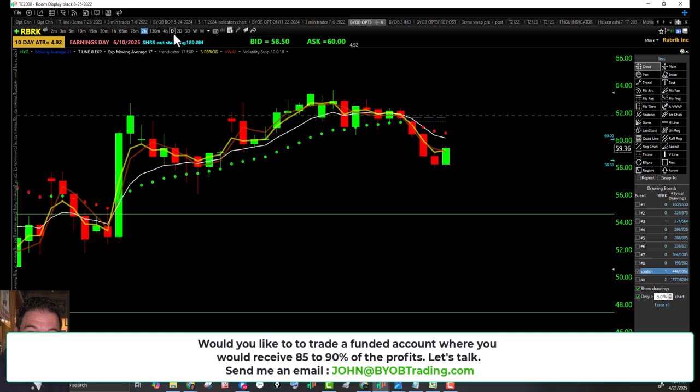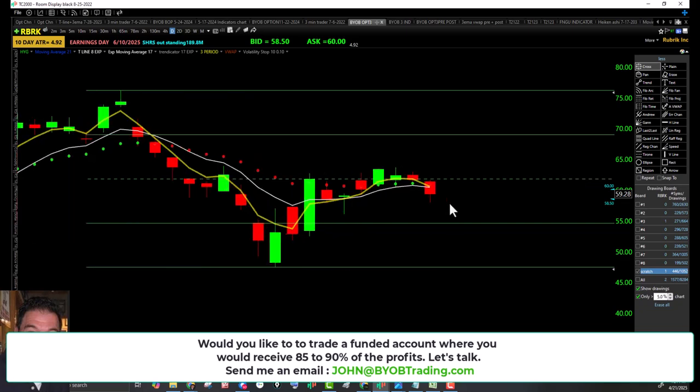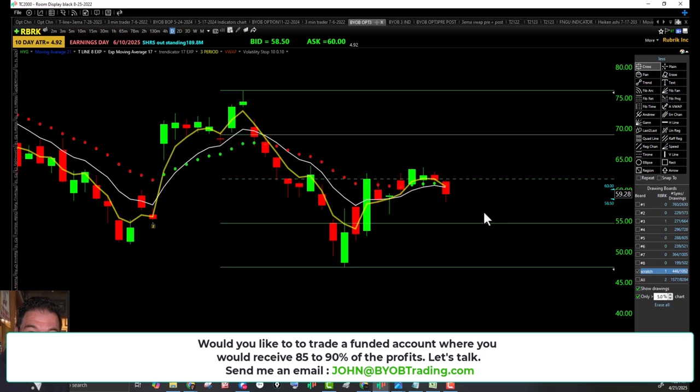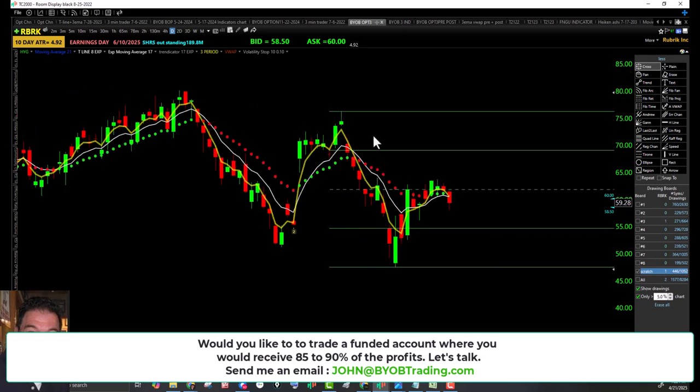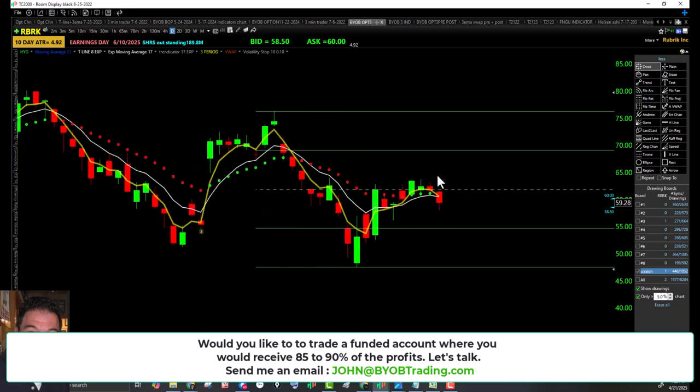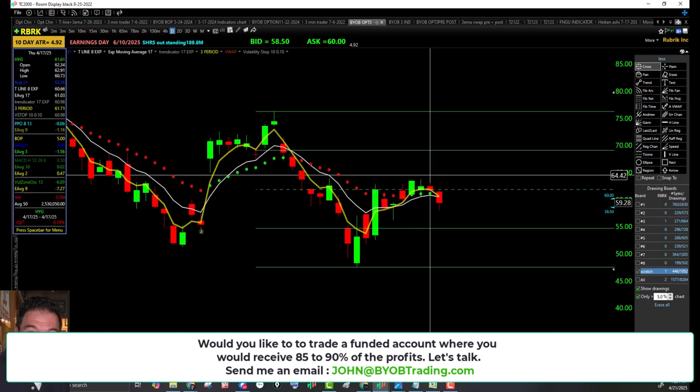On the daily, all right, still in a daily downtrend, but not moving down. All right, they almost made a higher high right here. See that? So they negated the daily downtrend because you got a high there, and they made a higher low and a higher high.